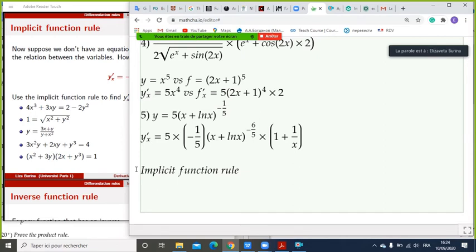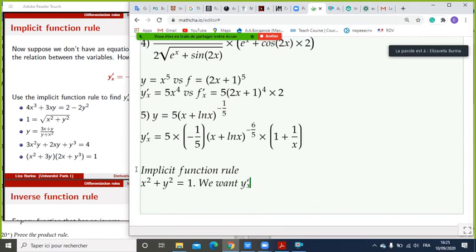So imagine we have something like x squared plus y squared equals 1. We want the derivative of y with respect to x. Great. We don't have y expressed in terms of x.